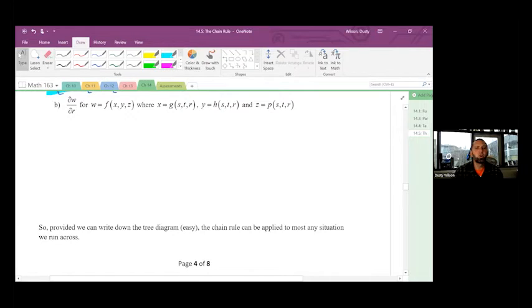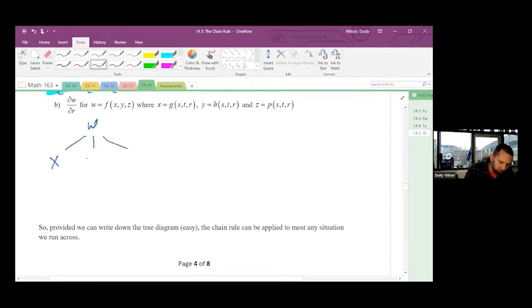In part B, we want to find the formula for the partial of w with respect to r for w equals f of x, y, z, where x equals g of s, t, r, y equals h of s, t, r, and z equals p of s, t, r. So here we're saying w is at the top.